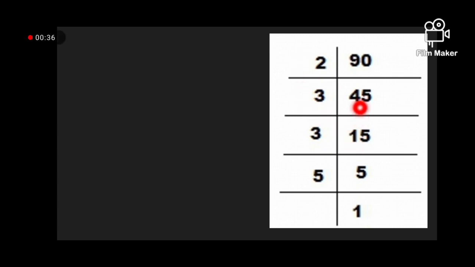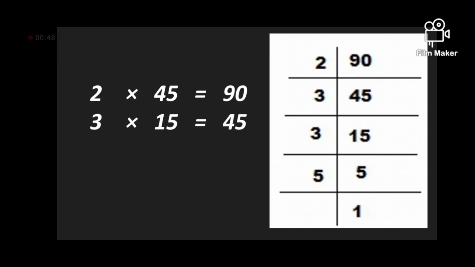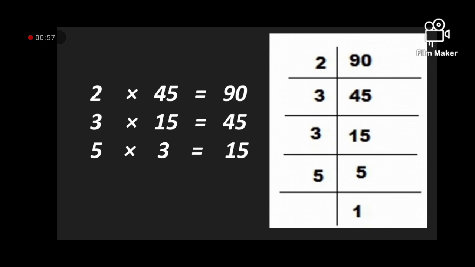So 3 15s are 45. Then 3 5s are 15 and 5 1s are 5. So the factors of 90 are 2 multiplied by 45, 3 multiplied by 15, 5 multiplied by 3. But the prime factors of 90 are 2 multiplied by 3 multiplied by 5 multiplied by 3.